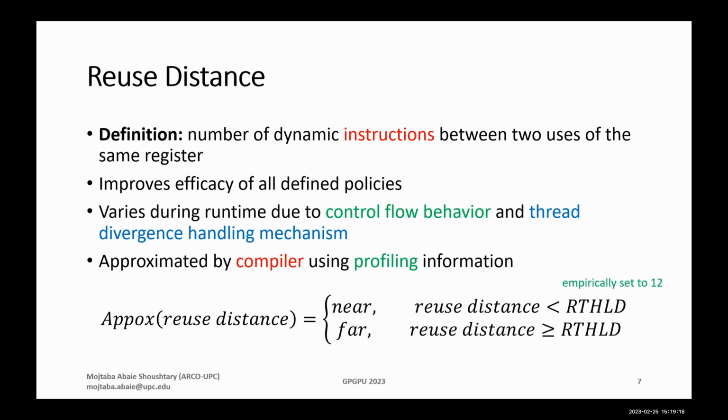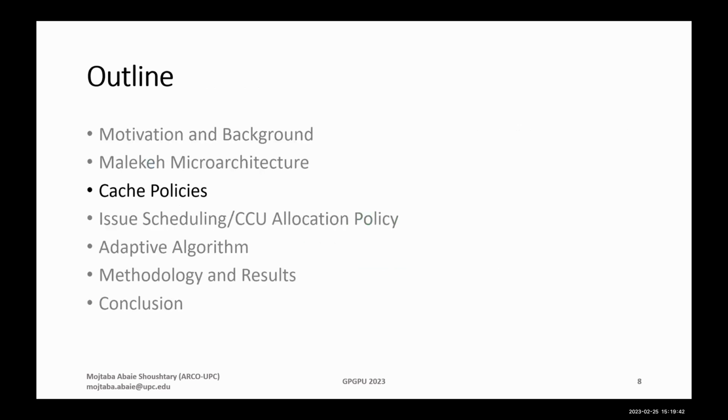We swept a range of the values, executed different benchmarks from the beginning to the end, and we found the value of 12 that provides the best hit ratio on IPC for the whole experiments.